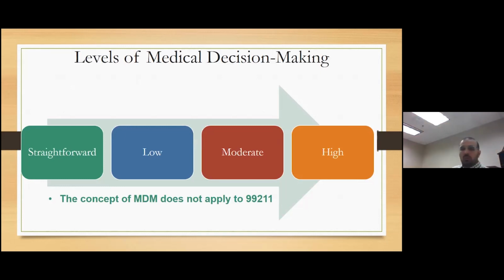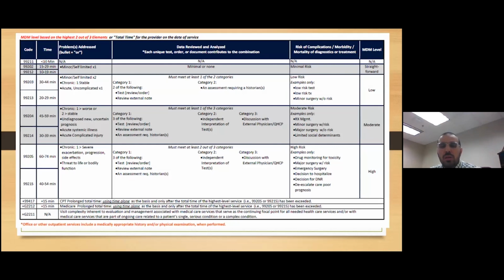All right. And this is the cheat sheet for the times and for the level of service that you do. You see, it goes from 15 minutes to 29 minutes for a level 2 on a new patient, or 20 minutes for a level 3.